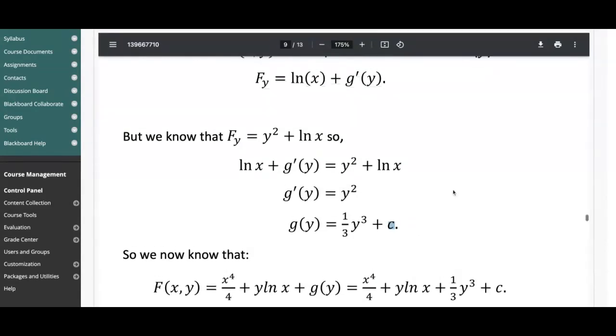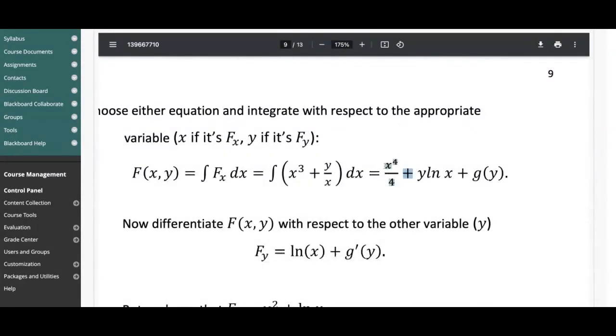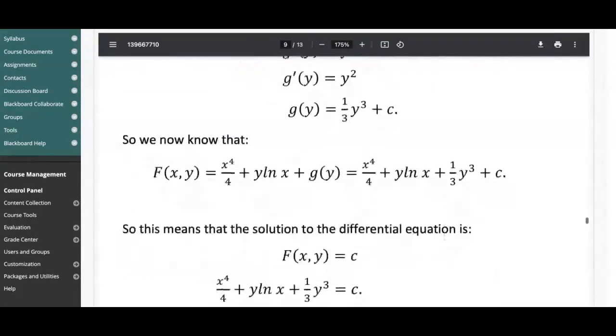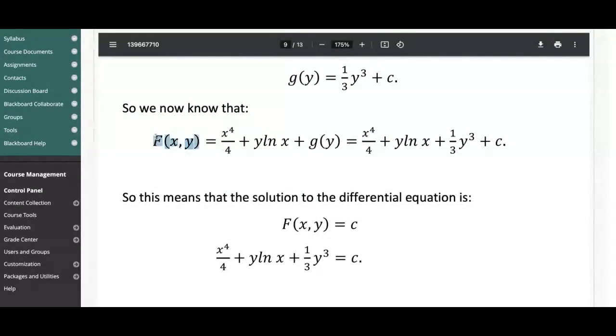So now we plug this g of y back into this potential function. So our potential function is just a quarter of x to the 4th plus y ln x plus 1/3 of y cubed plus a constant.